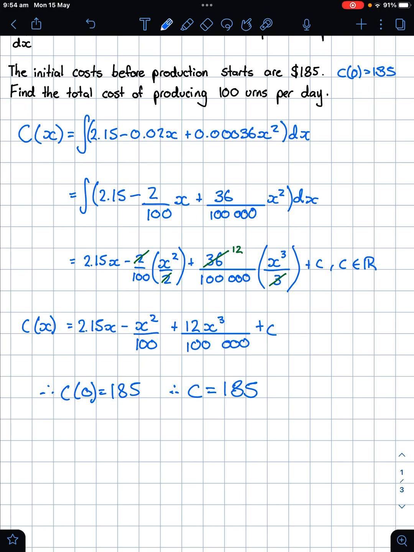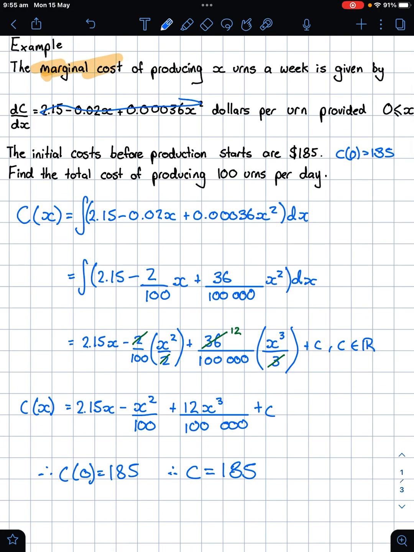Now, I typed this derivative function in my calculator in y1.